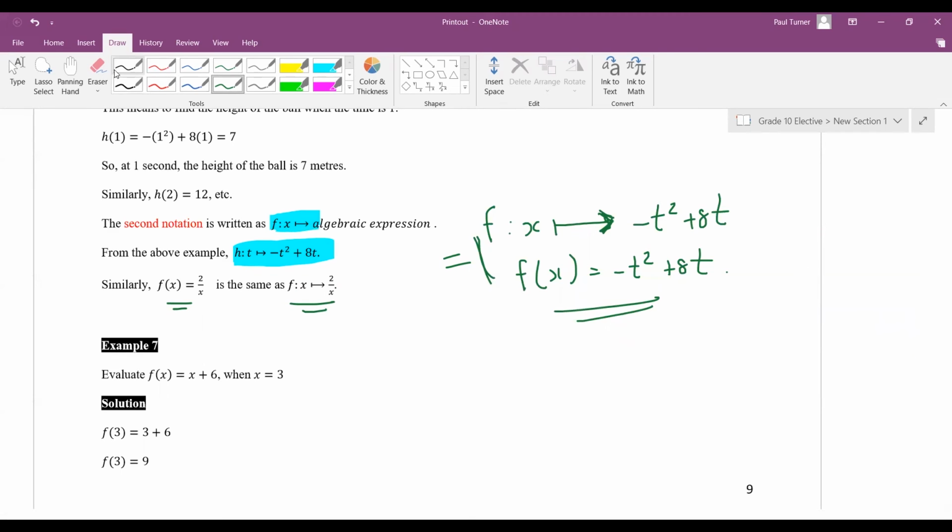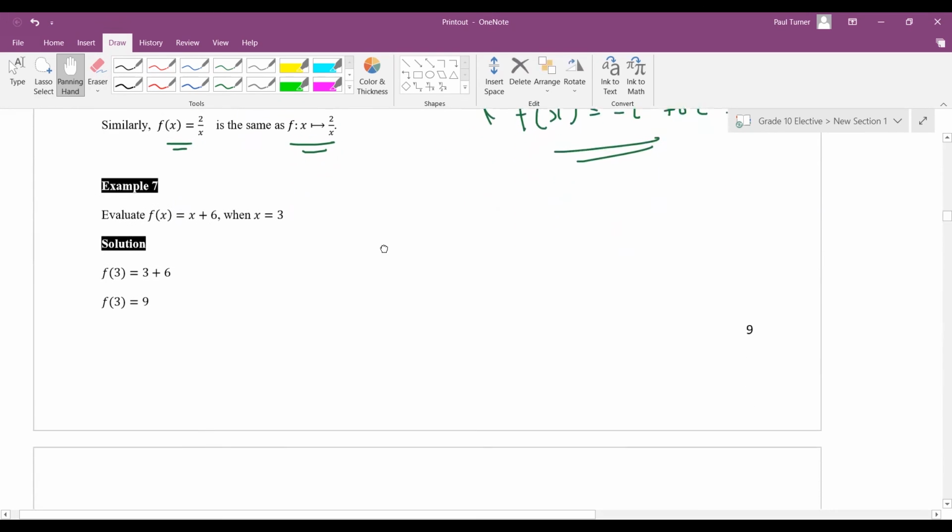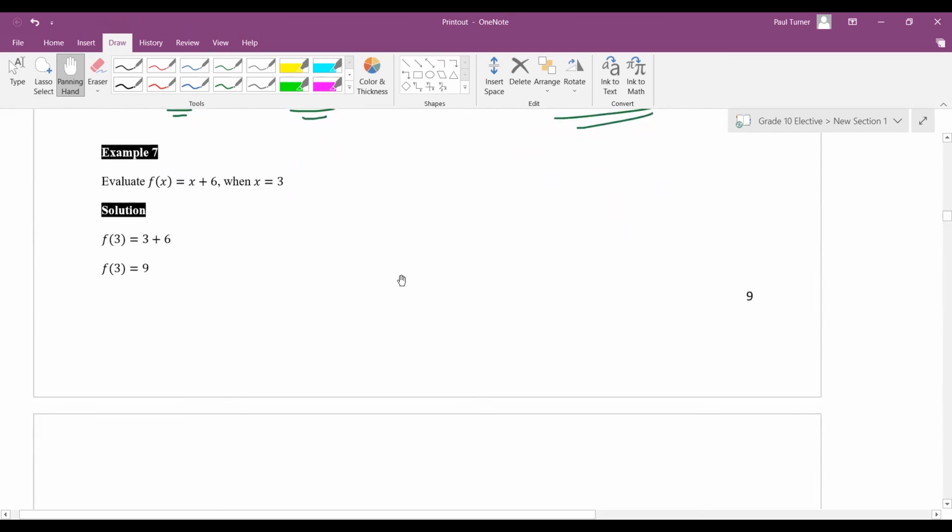Okay. So what's the time? 11 o'clock. So we'll keep going on. So for example, many of the questions will ask you to evaluate a function. Evaluate, find the value of. So in this case, evaluate f(x) is x plus 6 when x is 3.